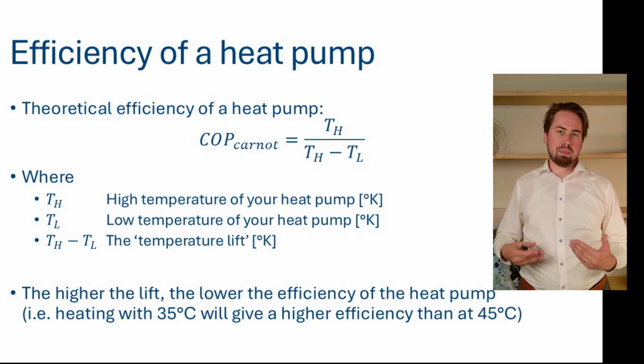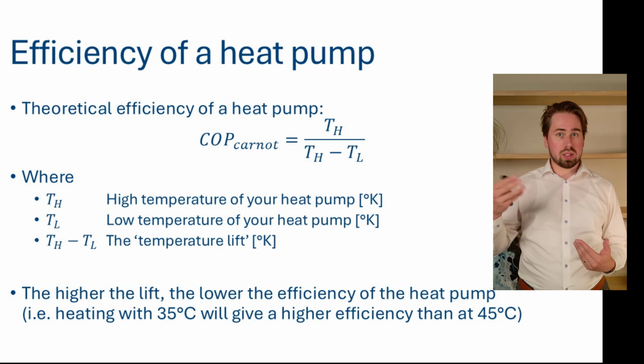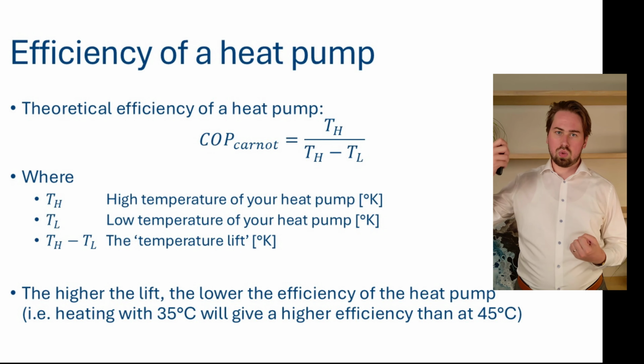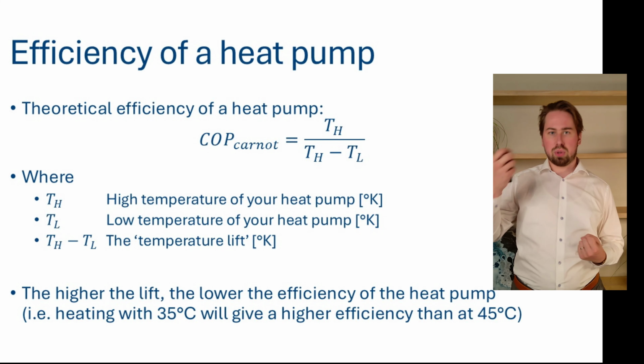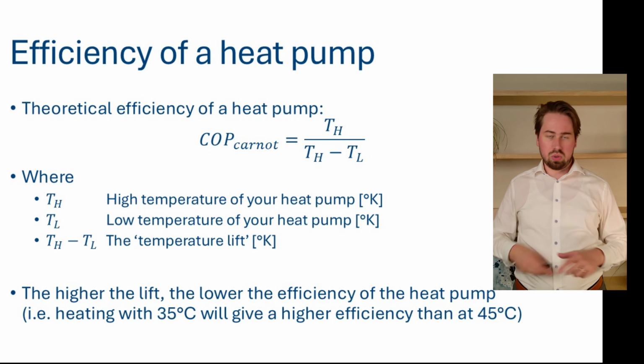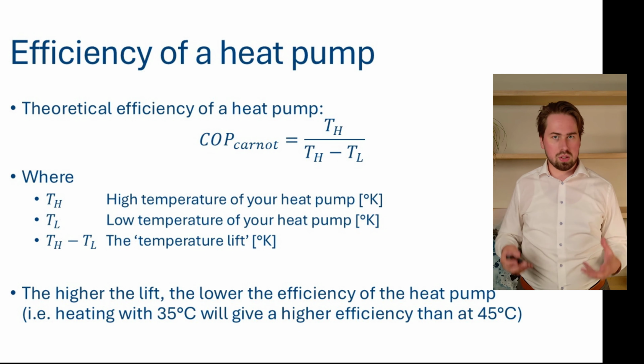For example, if your heat pump is creating temperature at 40 degrees Celsius and it has a source temperature of 0, it needs to lift the temperature from 0 to 40. And this temperature lift is really important when it comes to the overall efficiency of heat pumps in general.